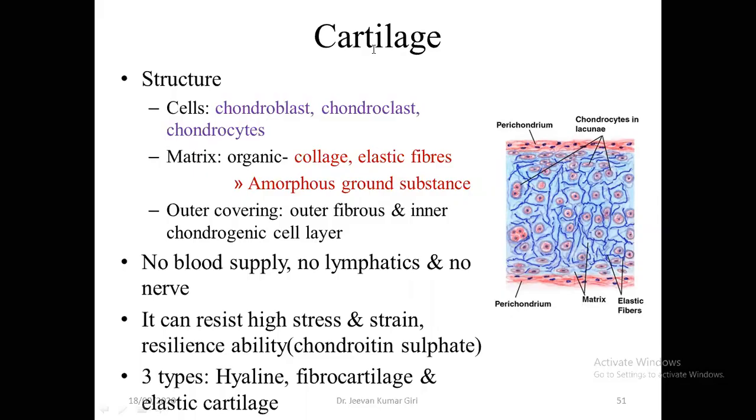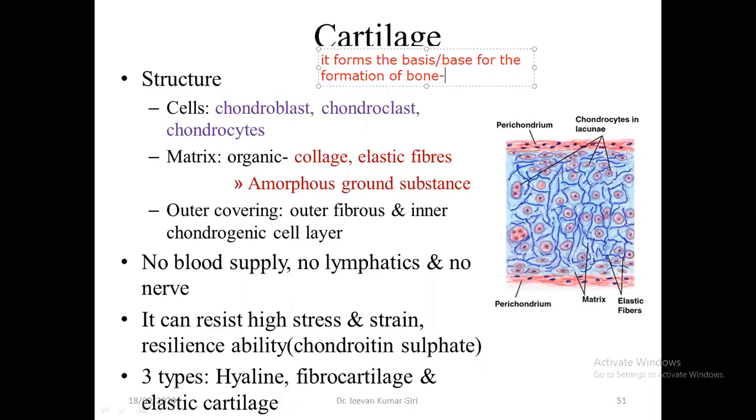And the next feature you can tell: this cartilage forms the base for the formation of bone. Yesterday we have seen the cartilaginous bone, isn't it?